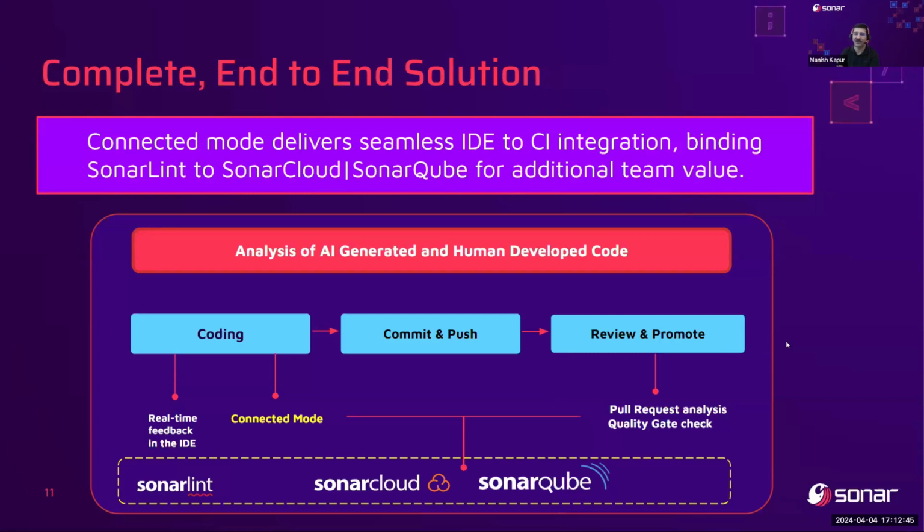The quality profiles and the quality rules that you have set for your organization, you can sync those with SonarLint, and it delivers a lot more value in terms of adopting code quality standards across your organization. It helps you analyze your code starting from the first line of code that you write, for all the developers in your organization, and when they commit and push the code into the repository, you have an end-to-end solution to analyze the code base.